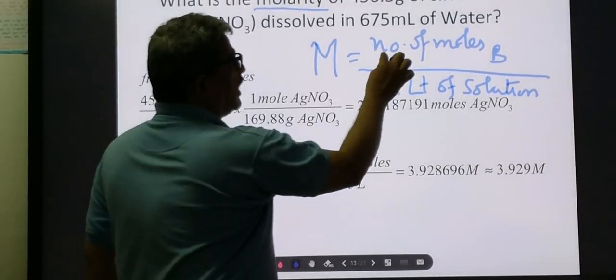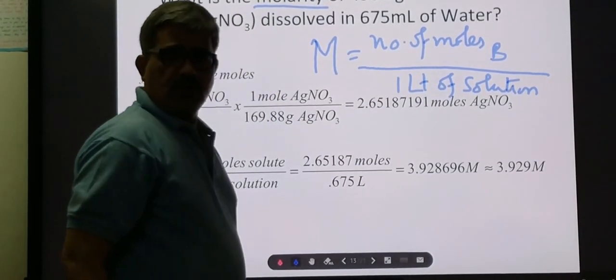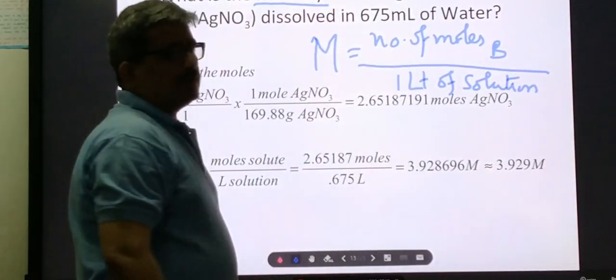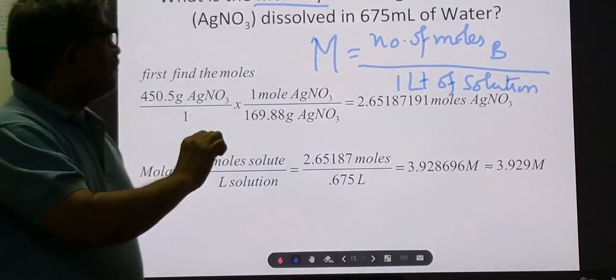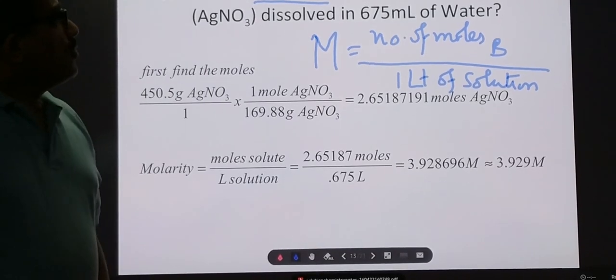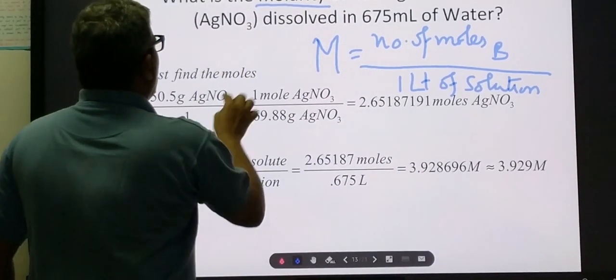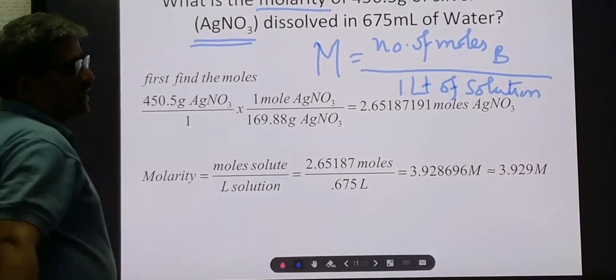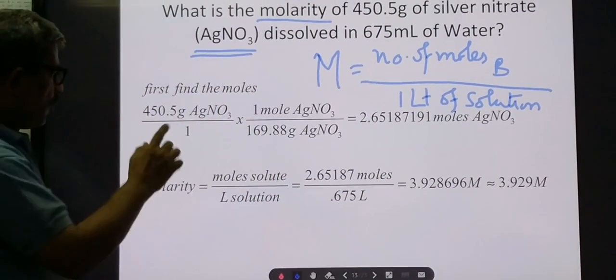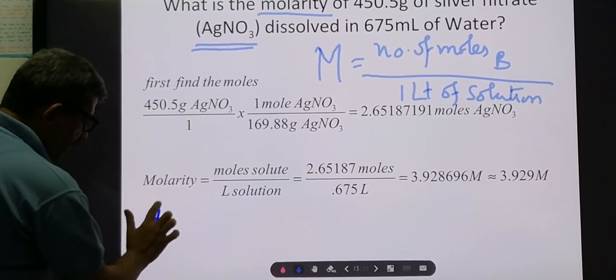Now, how to get the number of moles? First of all, we should find out the molecular weight of silver nitrate. The formula is AgNO3. What is the weight of Ag?